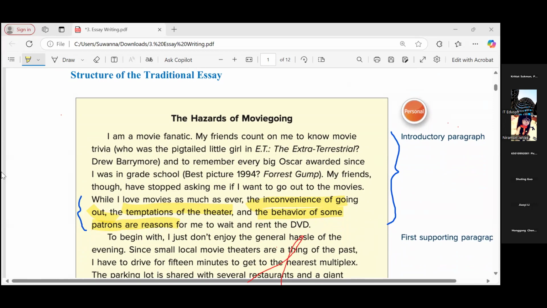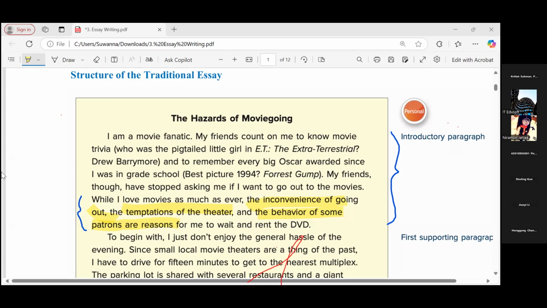Sorry, I think I forgot to turn on the mic. Yeah, right. Some of you said you don't remember, so that's why I scrolled back up to the paragraph for you. So from this introduction, can you identify the three major points that the writer deals with in this essay?